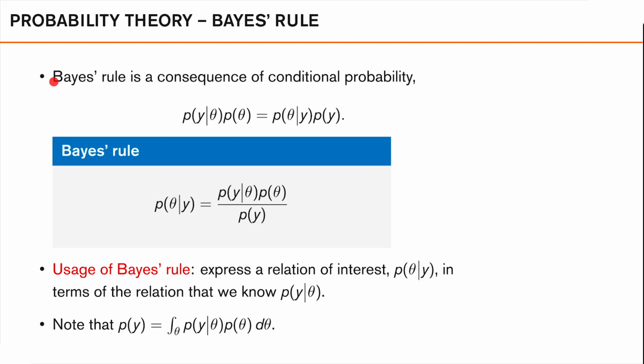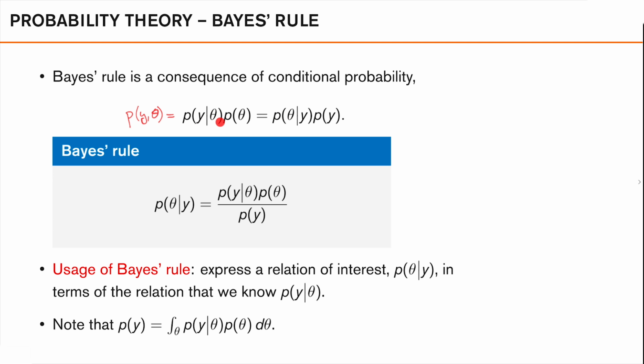Now, Bayes' rule, which we will be using extensively in this course, is basically a consequence of conditional probability. Remember that conditional probability allowed us to decompose the joint probability of y and theta in 2 ways: either as the probability of y given theta times the probability of theta, or the other way around.